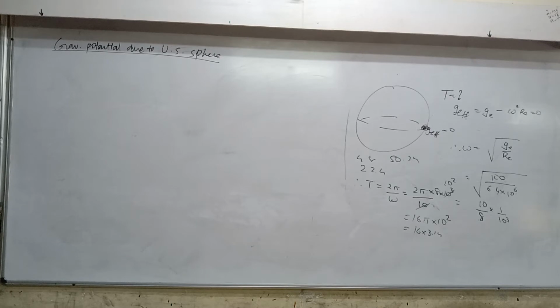This topic about gravitational potential due to a uniform shell, inside and outside, with the graph, is finished. Nothing is left. So now gravitational potential due to a uniform solid sphere. Earlier it was the shell, now this is a solid sphere.